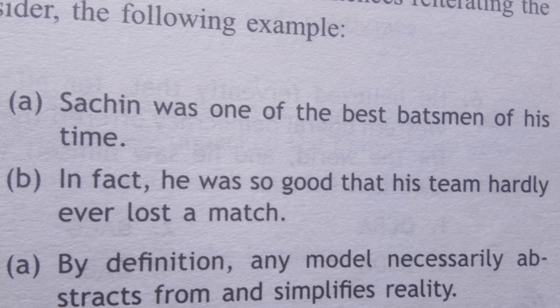In the first sentence there is Sachin, which is a noun, and in the second statement there is "he," which refers to Sachin. "He" is a pronoun. So we can easily say that the second statement comes after the first sentence, and the second sentence is also reiterating the fact that Sachin was one of the best batsmen.